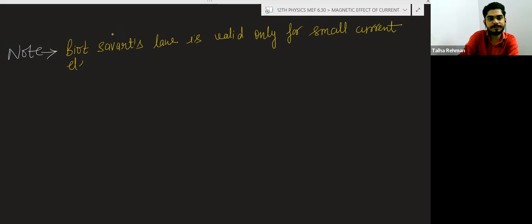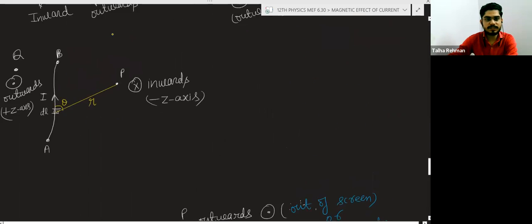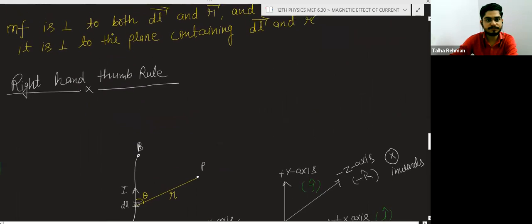Small current element means you can only calculate the magnetic field at a point due to a small element of the wire. For the whole wire you cannot get it. Just copy this, all of you.